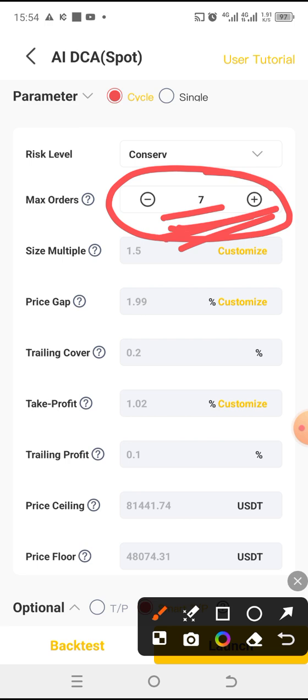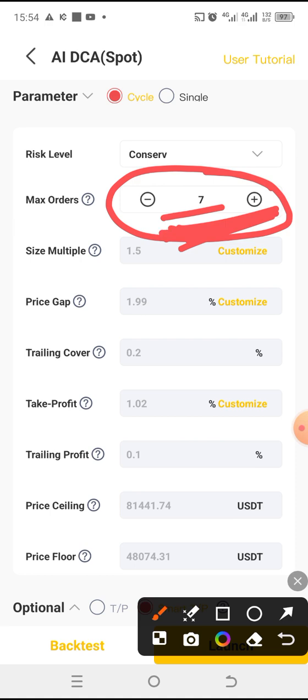You can decide that the system buys another one for you on its way down. So how many times do you want the system to keep buying when the coin goes down and down? This is called cost averaging. It forms a new average cost price, and from that you get your profit. So it helps you buy more and more.